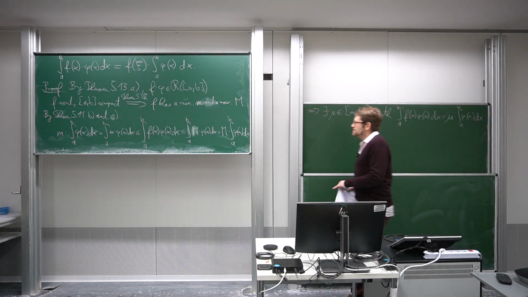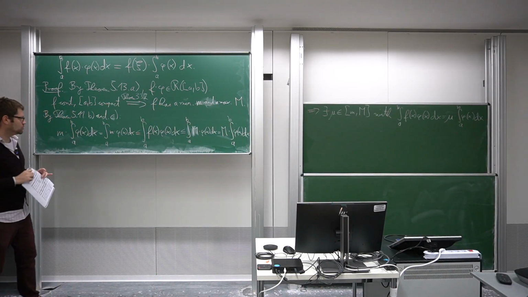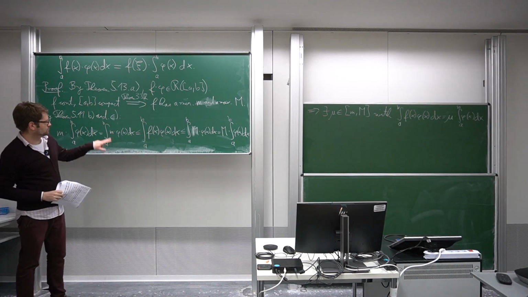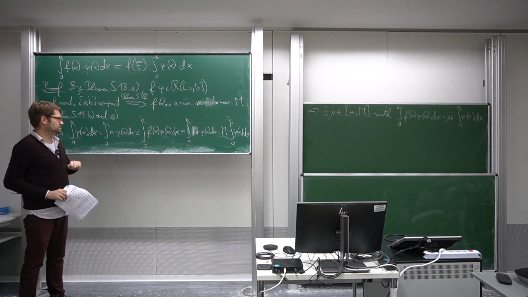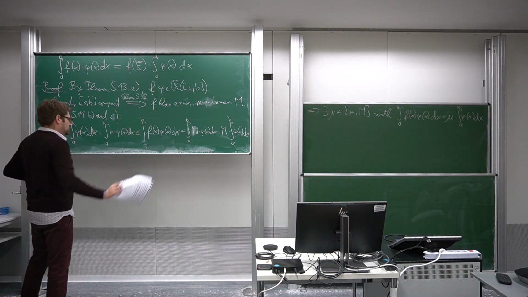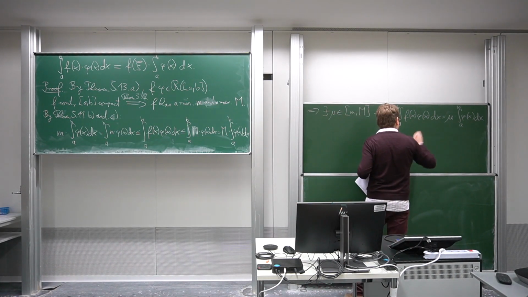Okay, by the way, we needed the non-negativity, so the fact that phi is always greater than or equal to 0, to get these inequalities here. Because otherwise, if the function would be negative and we would multiply with a positive constant, the inequalities would go the other way around. So this is only needed in this situation. So we have this between these two values, so there is some mu such that this is mu times this.